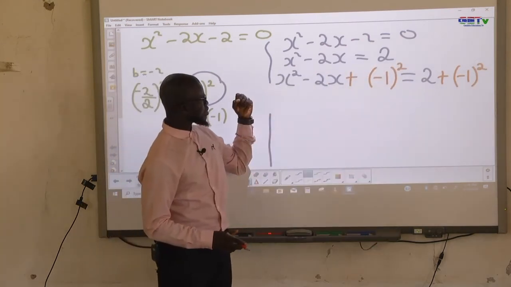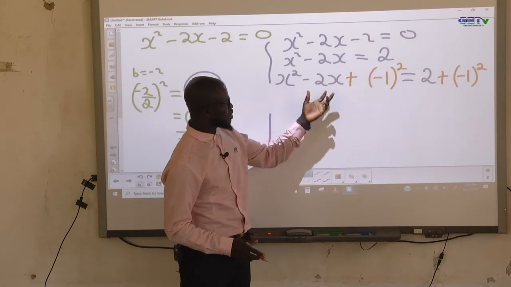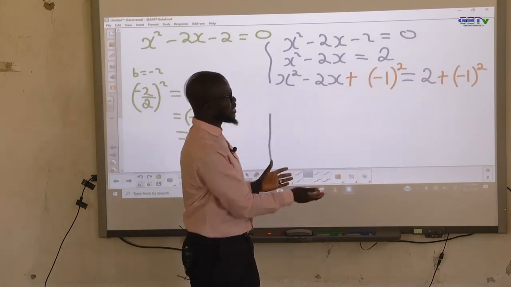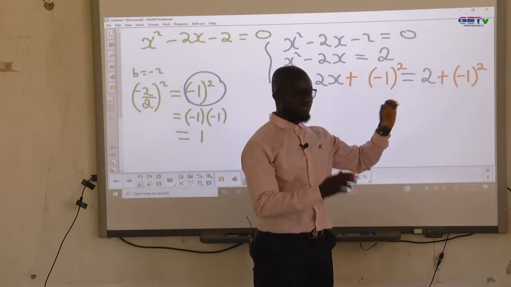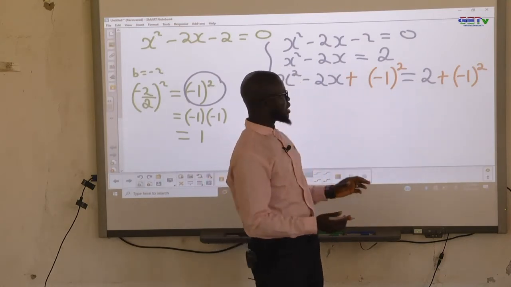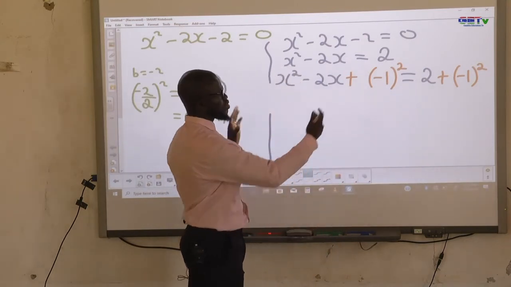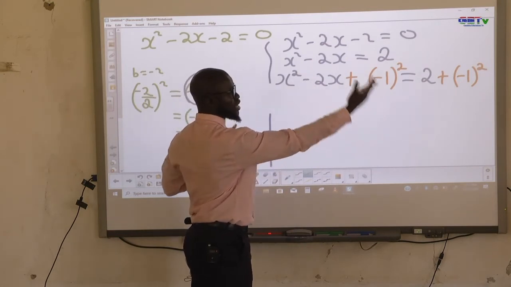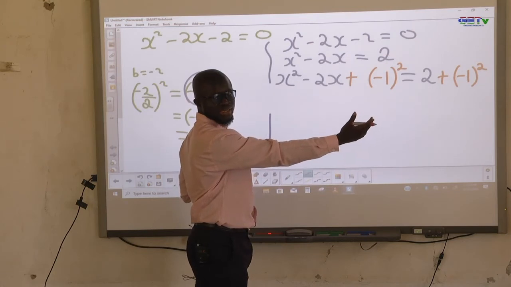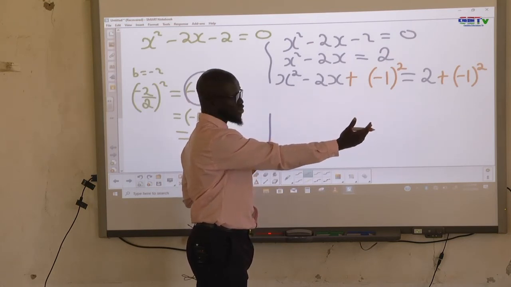We have x squared minus 2x plus in bracket negative 1 all squared equals 2 plus in bracket negative 1 all squared. Now, what do you realize? We are able to add negative 1 in bracket all squared to the left hand side and to the right hand side, which is a very good job.